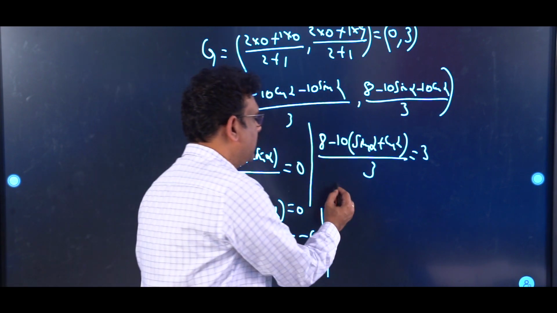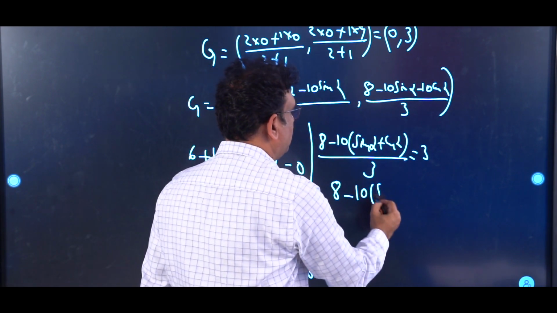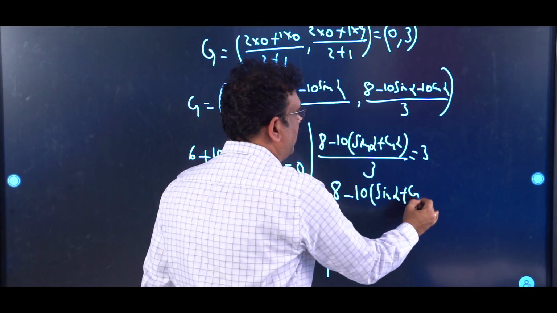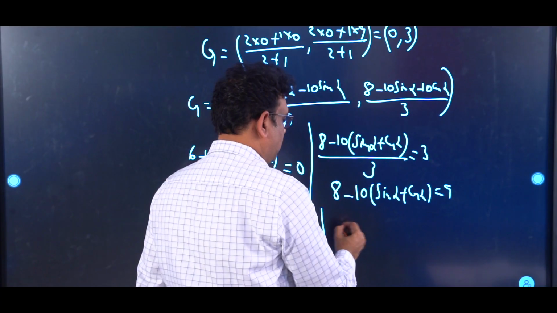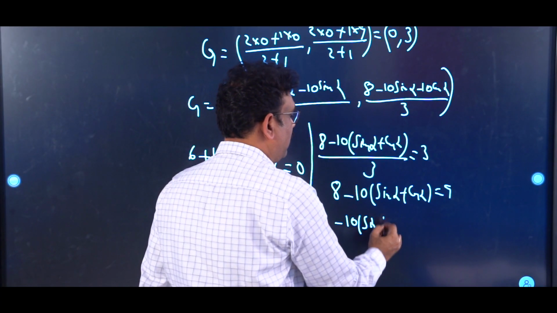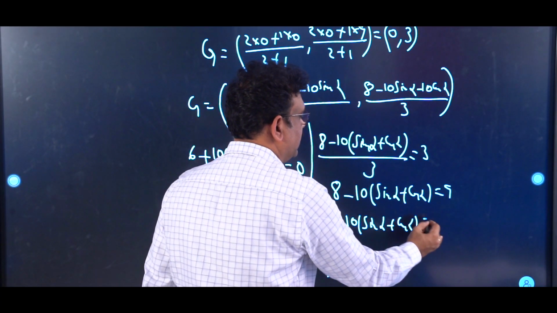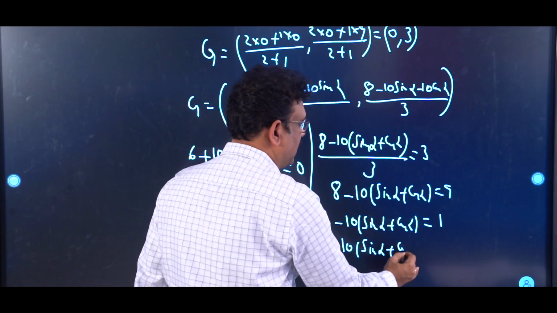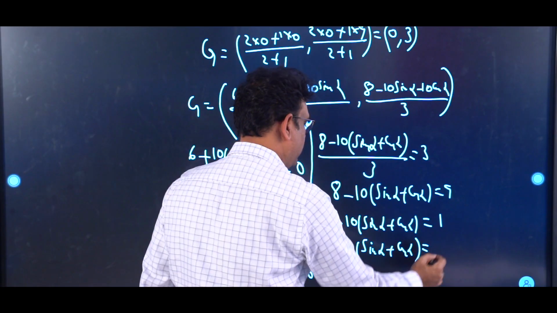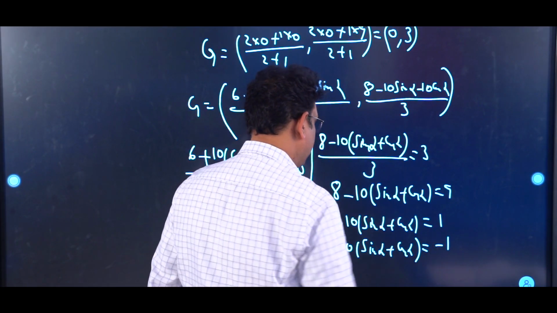Now here, 8 minus 10 into (sin alpha plus cos alpha) equal to 9. So minus 10 into (sin alpha plus cos alpha) is equal to 1. So 10 into (sin alpha plus cos alpha) is equal to minus 1.